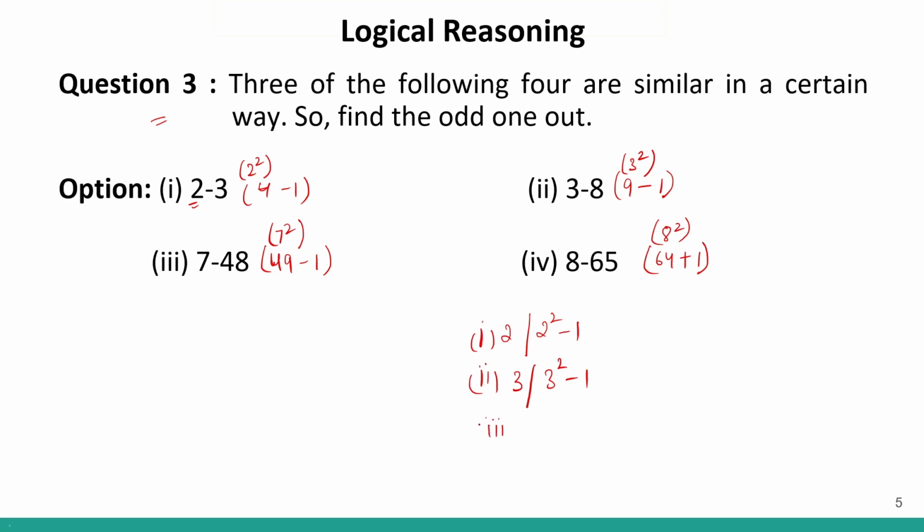For the third option, I can clearly see the first number is 7 and the second number is 7 square minus 1. But for the fourth option, it is 8 and 8 square plus 1. So in each case it was minus, minus and minus. Only in option 4 it is plus. Therefore, option number 4 will be the odd one out. Clear?